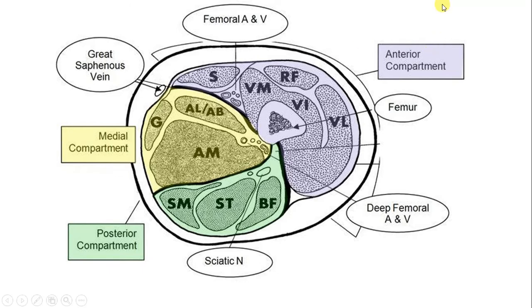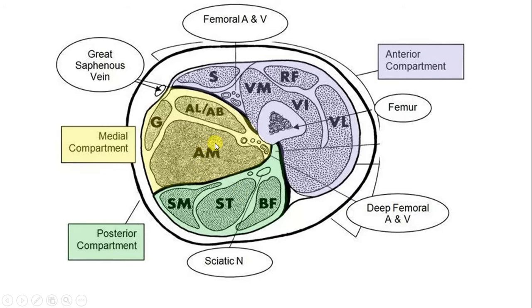Here you can appreciate the anterior compartment of the thigh, and it is separated from the medial compartment by this intermuscular septum, which is a continuation of the deep fascia. Here is the posterior intermuscular septum, which is separating the anterior and posterior compartments, and a fainter, lesser one is another fascia, which is extending from the fascia lata, separating the medial and posterior compartments.